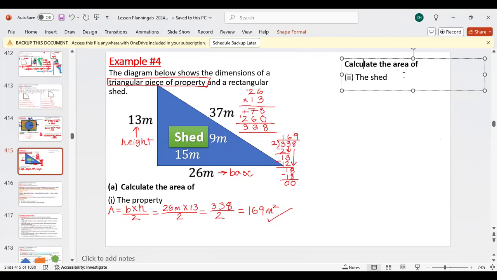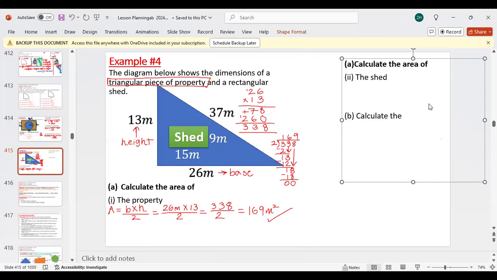You can call this A. But it's still A-double-I. Make sense? Yeah, sure.